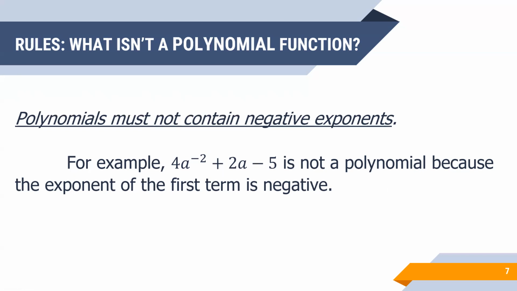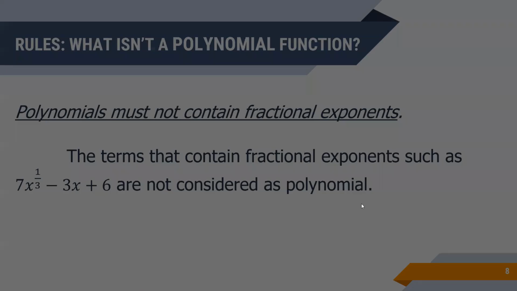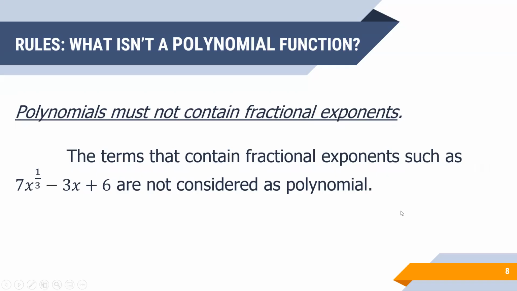Okay? Again, number 1, a polynomial function must not have a variable in the denominator. Next, a polynomial function must not contain a negative exponent. Next, another rule: a polynomial function must not contain a fractional exponent.